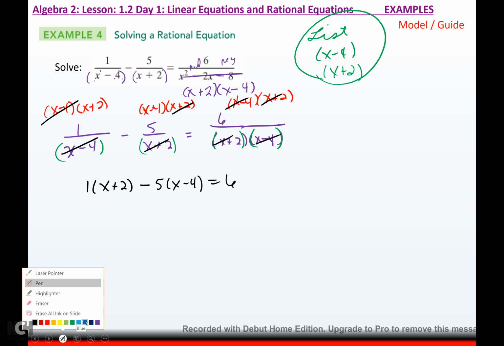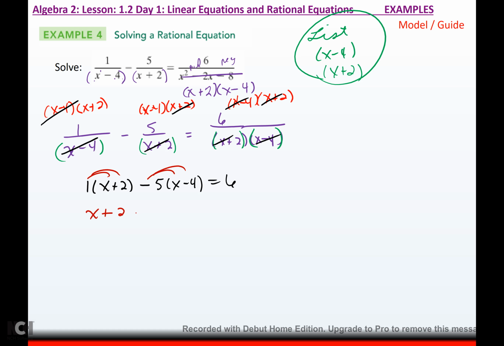Okay, so now we are going to simplify. Distribute. I have x plus 2 minus 5x plus 20 equals 6. Combine like terms, that's negative 4x, positive 22 equals 6.